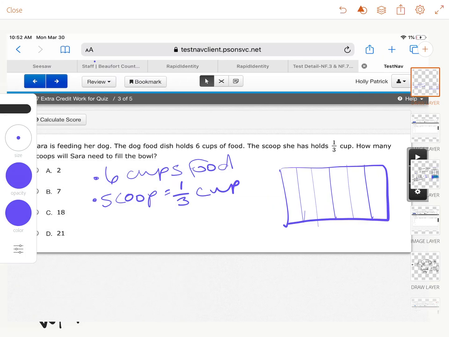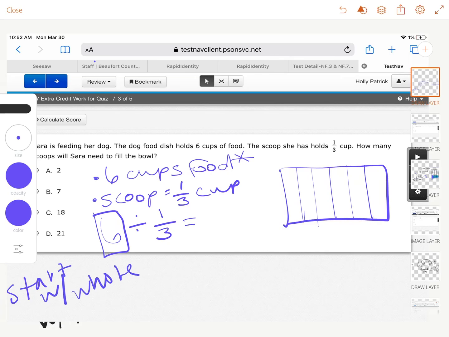Okay, so I got my 6 cups. So I'm going to actually be cutting my cups. I'm going to say 6 divided by 1/3. And remember, start with a whole. I'm going to actually end with a whole. Okay, so as I'm doing that, I'm going to keep that in my brain. So I know that I'm not going to have a fraction as my answer, okay? So for every 6 cups, the scoop she has holds 1/3.